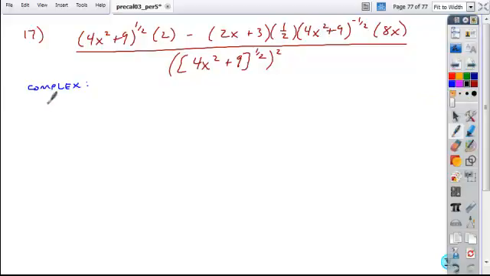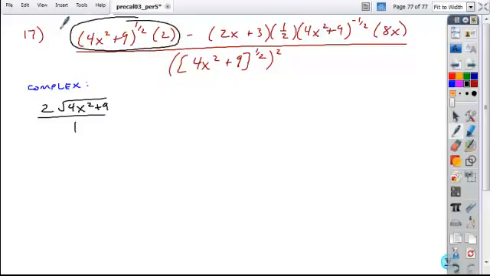I'm just going to write it as a square root. So we have 2 square root of 4x squared plus 9 over 1. Again, each individual piece needs to be considered as its own separate fraction. So there's my first fraction, and then here's my second fraction right here.